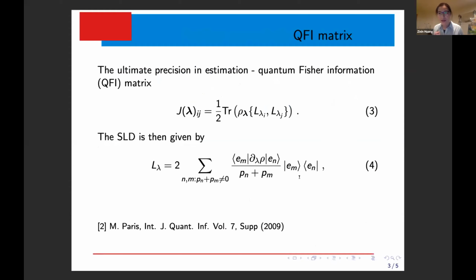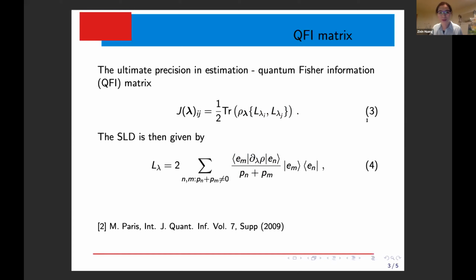If you want to find the ultimate precision of an estimation, you calculate the quantum Fisher information matrix. Now, the quantum Fisher information matrix is given by the trace of the density operator with the anti-commutator of the symmetric logarithmic derivatives. And the SLDs are defined like this. For its mnth element, you have the derivative of the density matrix with respect to the parameter, sandwiched between its eigenvectors, divided by the sum of the eigenvalues.